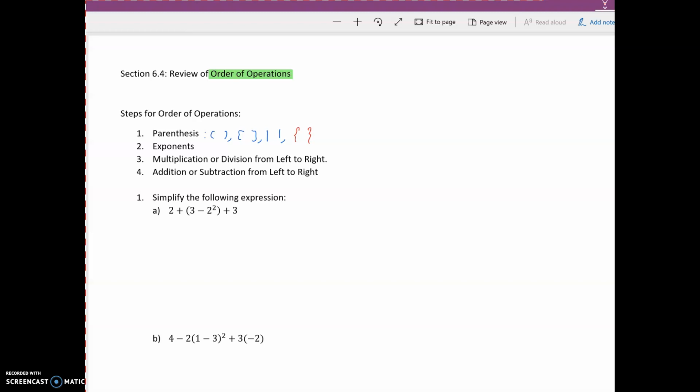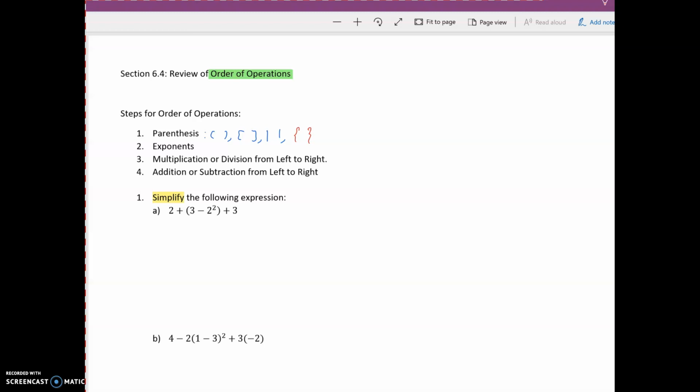And here, if you have a problem that says to simplify, then the squiggly brackets are not going to be defined as sets. Another portion that you need to take into account as you're simplifying these problems is steps 3 and 4.